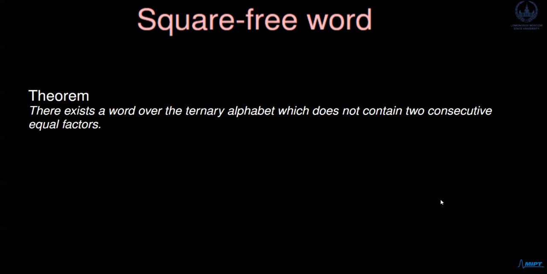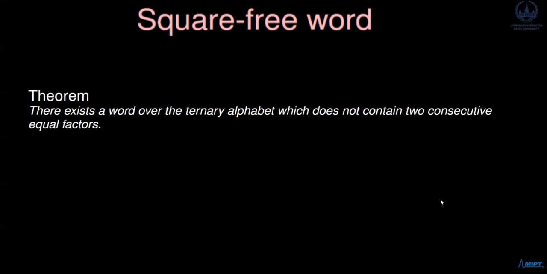This theorem confirms that it's possible to construct a word using this alphabet that is square-free, meaning it contains no repeated adjacent segments. This result is important in both combinatorics and theoretical computer science because it shows that it's possible to avoid certain patterns even when working with a limited set of symbols.